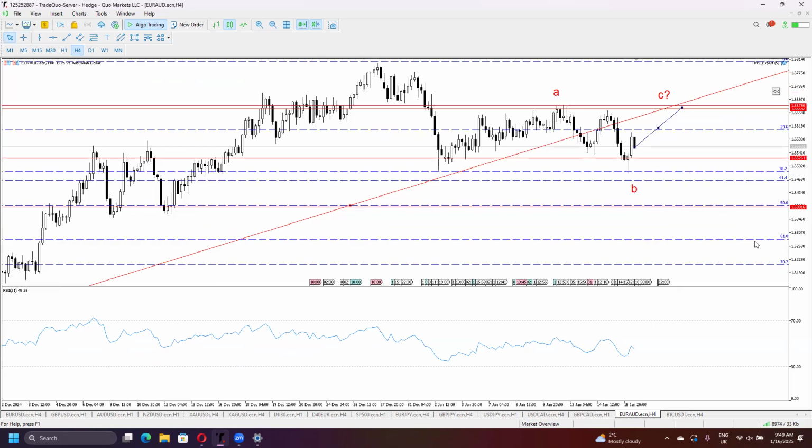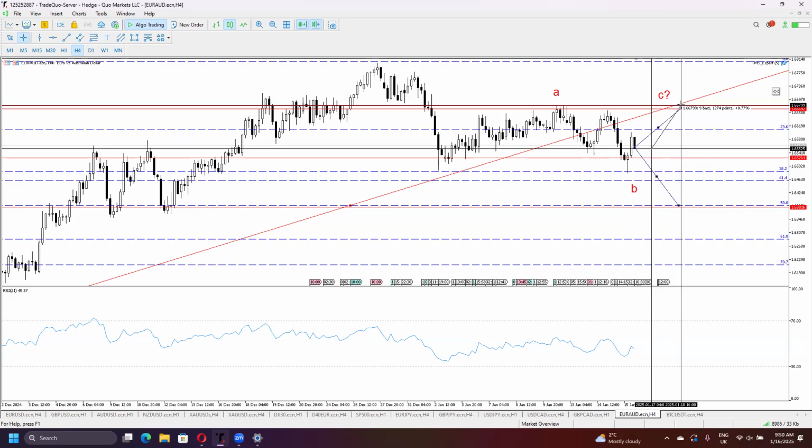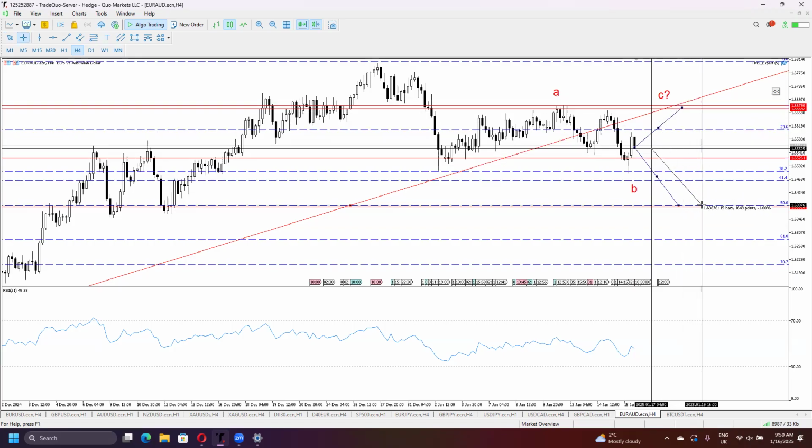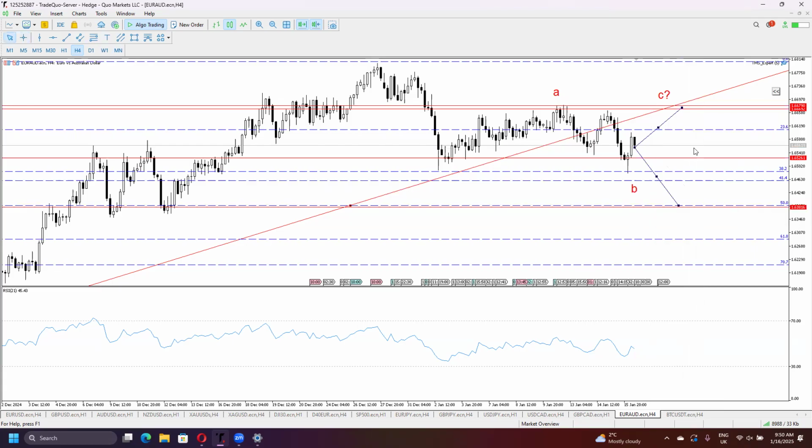Once the price goes up and touches the level of the geometric cluster, most probably it will be a good option to think about selling. And right now we are in between. There is 120 pips to the geometric cluster and 160 pips to the level of the 50%. So I will stay in the standby mode here and wait for the future candles.